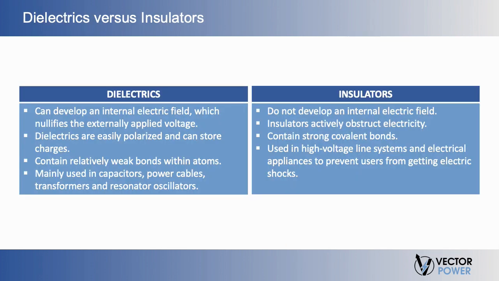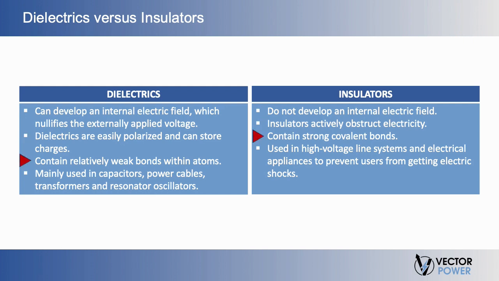Let's do a comparison of dielectrics versus insulators. Dielectrics can develop an internal electric field which nullifies the externally applied voltage. Insulators do not develop an internal electric field. Dielectrics are easily polarized and can store charges. Insulators actively obstruct electricity.